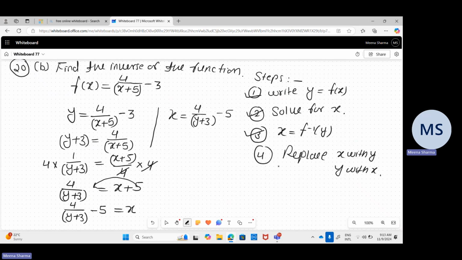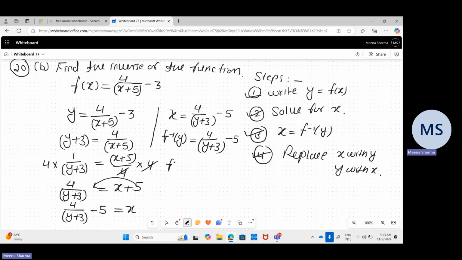The fourth one is where we need to replace x with y or y with x. Just a minute, the third step we have to follow first. In the third step, what is given? x equal to f inverse of y. So I'm writing here x equal to f inverse of y, which is equal to 4 upon (y plus 3) minus 5. Now, in the fourth step, you have to replace y with x.